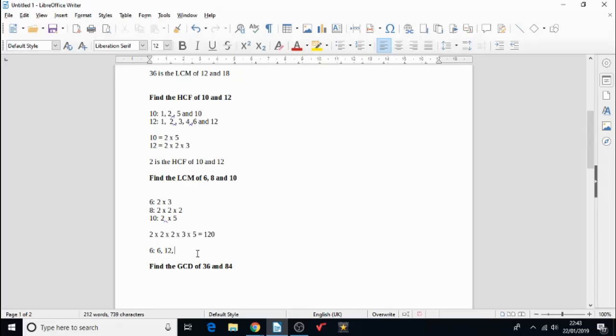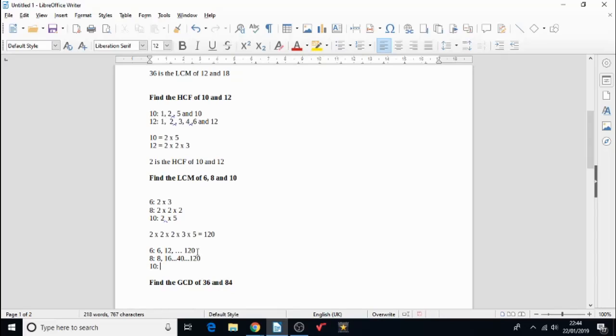You can see if 12 is a multiple of 6, therefore 120 would be a multiple of 6. 8, 16, 40. Any multiple of 40. If 40 is a multiple of 8, then any multiple of 40 would be a multiple of 8. 120 is a multiple of 40. And for 10, that's axiomatic.